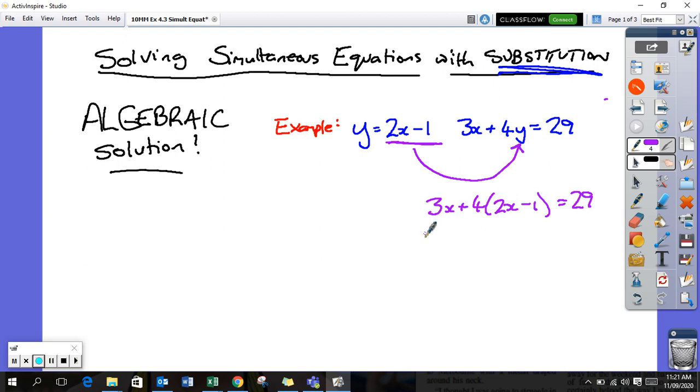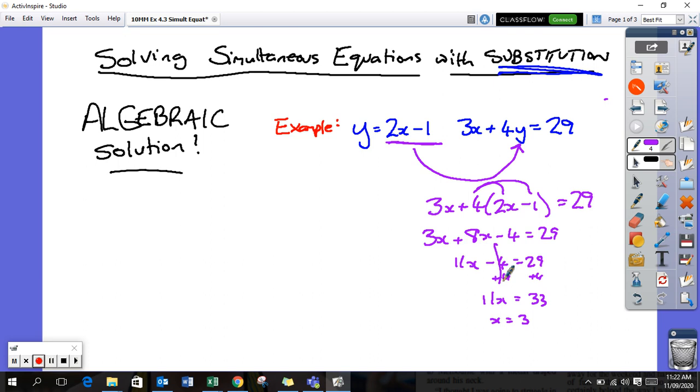So now we just expand it. We've got 3x plus 4 times 2x is 8x, plus 4 times negative 1 is minus 4 equals 29. 11x minus 4 equals 29. And a plus 4 there and plus 4 there. I get 11x equals 33. So x equals 3.